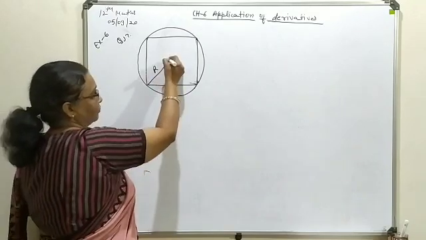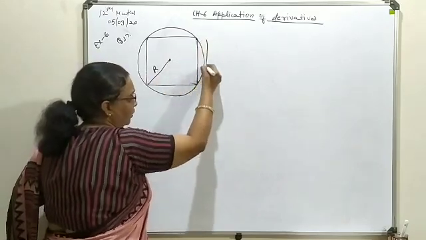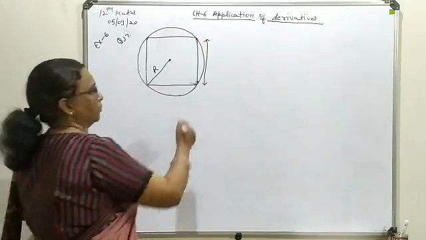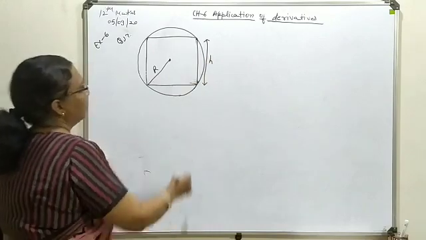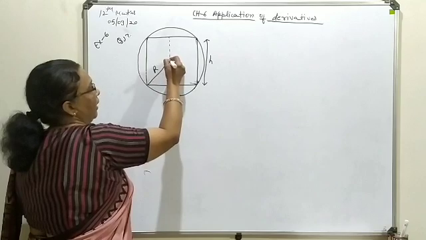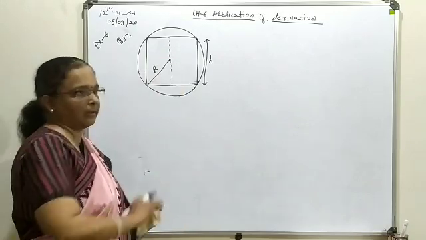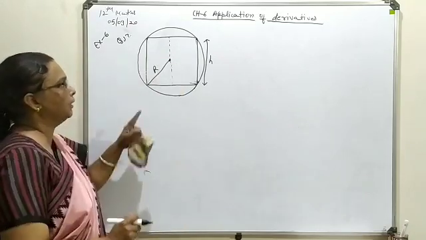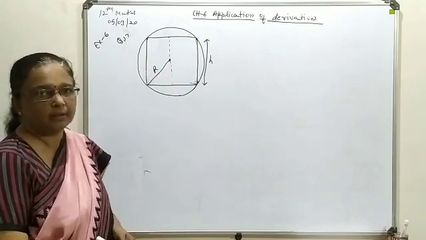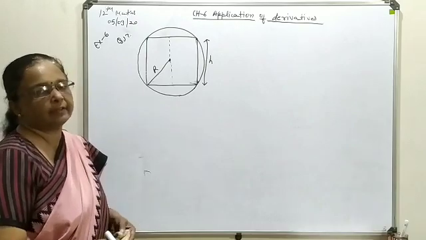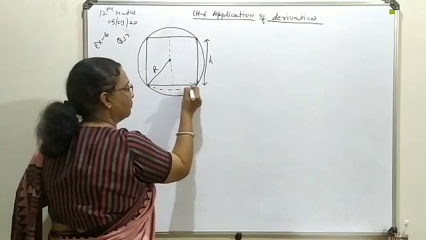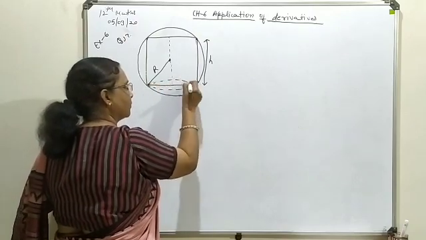Now here also, the height of the cylinder you can suppose as h. If you cut the sphere you will find a circle. From here to here it will be just half, h by 2, because we are talking about the maximum cylinder. So this is a base of the cylinder.